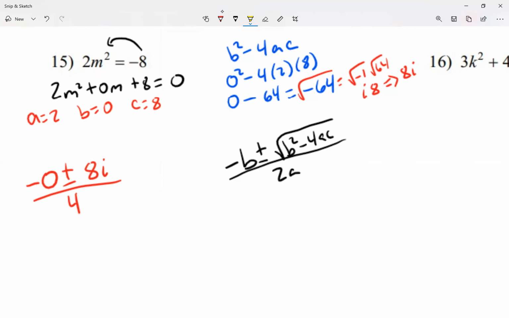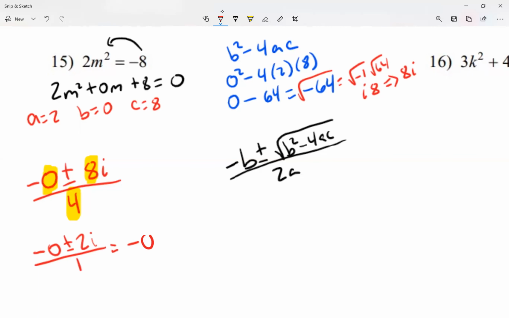I see my whole numbers. I can divide them all by 4. Yeah, 0 divided by 4 is doable. So that gives me negative 0 plus or minus 2i over 1. Right? I divided everything by 4. 0 can be divided by 4, so this is not a fraction anymore.